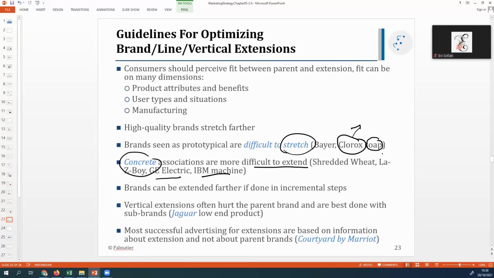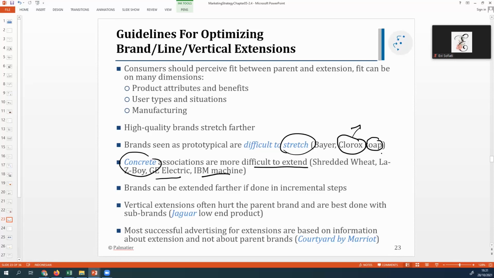It is kind of difficult to stretch because you are identified as a strong detergent product. Yeah. So when you change into soap, people find it difficult to accept. So you need to have a product that is not kind of similar, yeah, similar.